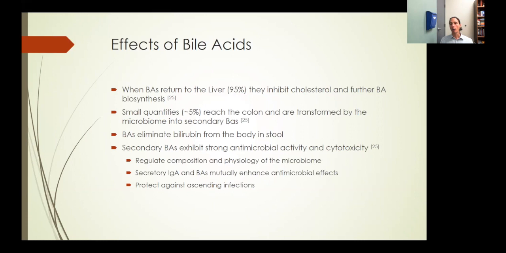So here, without that fiber, these bile acids are returning to the liver. Yes, they can be reused to make bile. They also have that negative feedback that inhibits cholesterol.